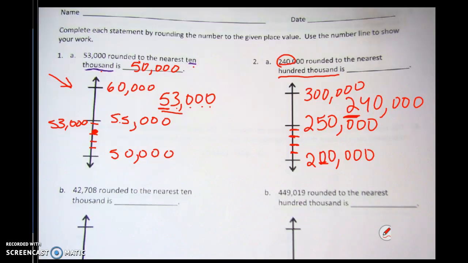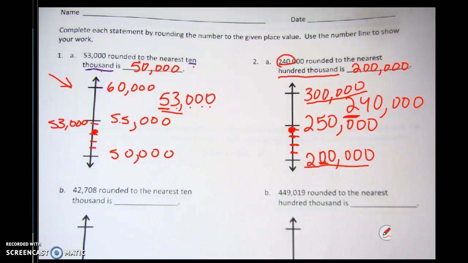Now my number was 240,000, so my dot would go right there. Is it closer to 200,000 or 300,000? 200,000. So the correct answer should be written on the line.